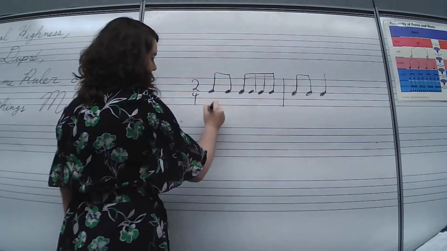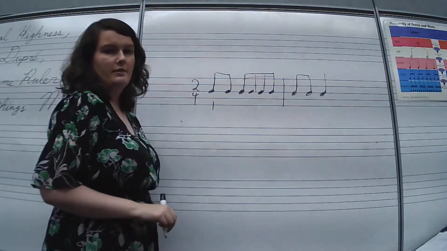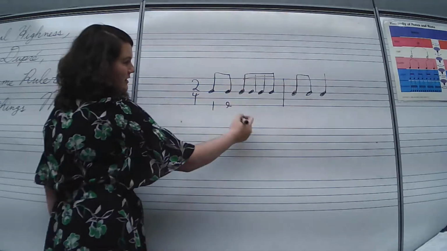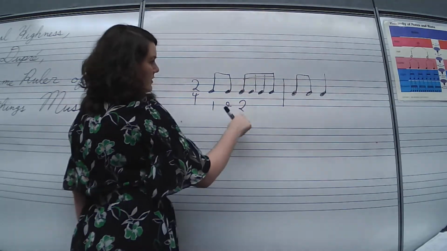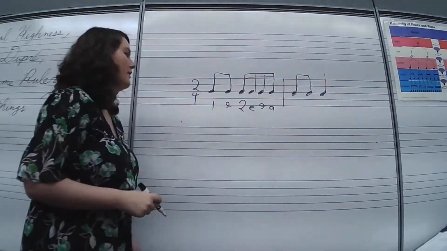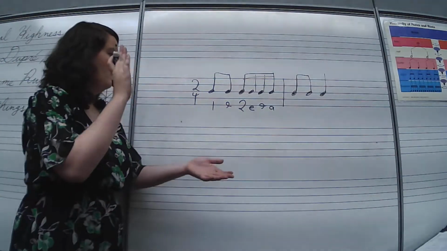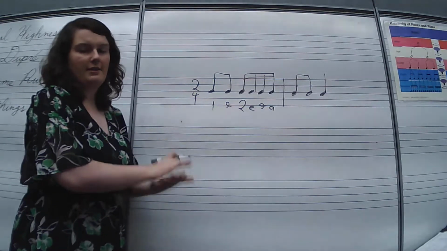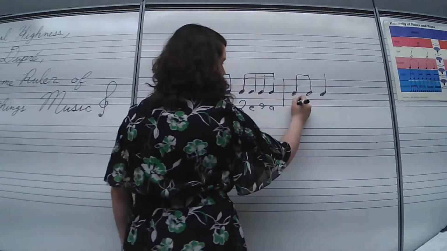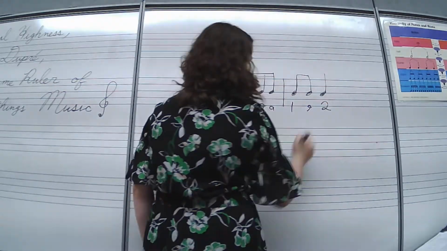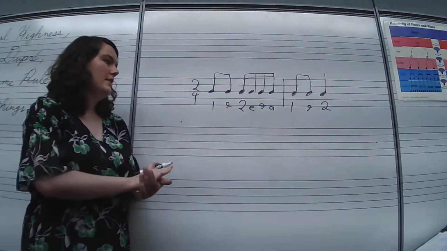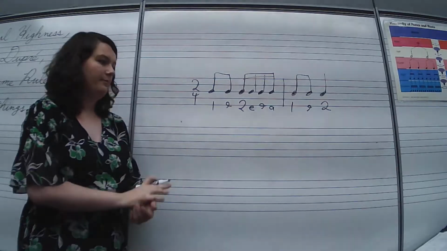So this is going to be 1. Then on an 8th note, it's going to be the "and." So 1 and. The 16th notes are on beat 2, so I'm going to put a 2. Then I go E and. So this is going to sound like this. 1 and 2 E and, 1 and 2 E and. Next one, 1 and 2. There's nothing going on. So this whole phrase will go 1 and 2 E and 1 and 2.